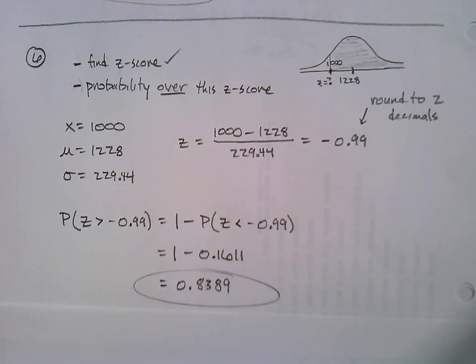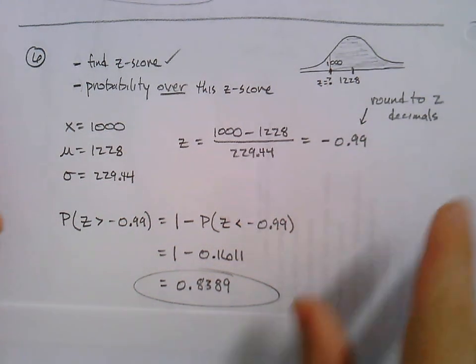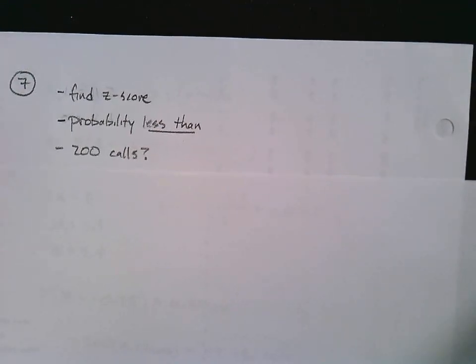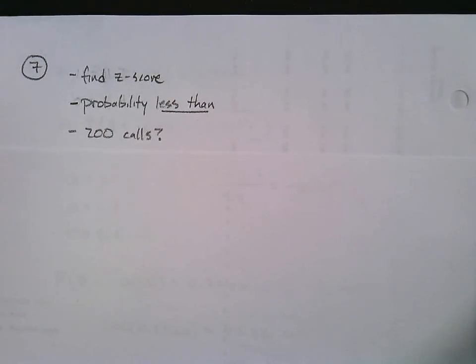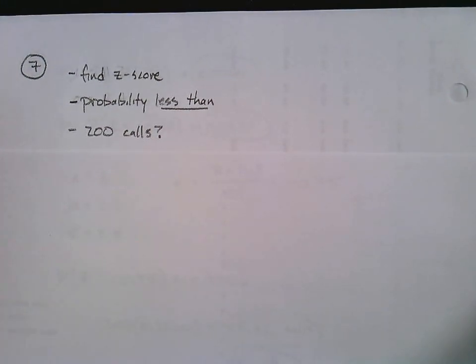Okay. We've been going for about 14 minutes. I'm going to present number 7, and I want to challenge you guys. When I end this video, go ahead and try this one out on your own. We'll do it when we start the next video.